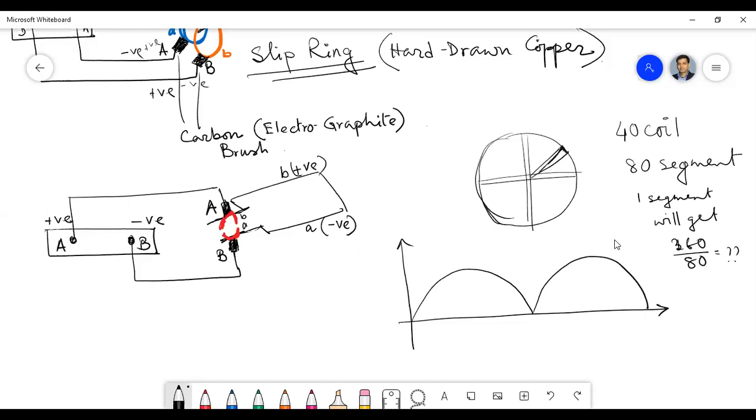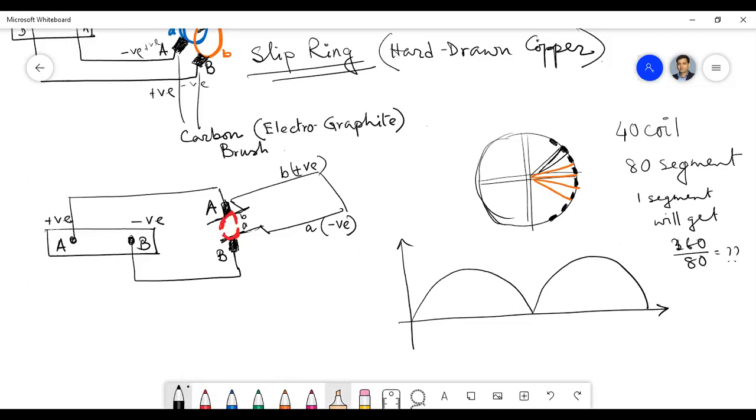So this is how you will have different segments for each coil side. Are you getting? And between two consecutive segments, you will have mica separators, like this.